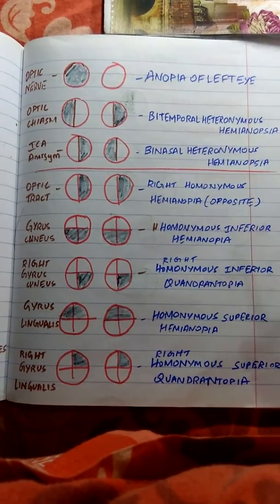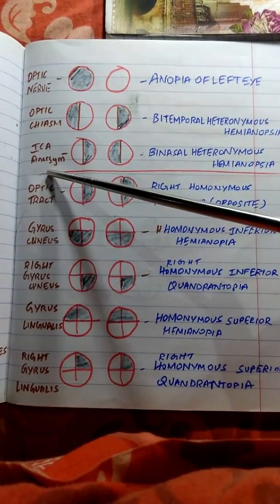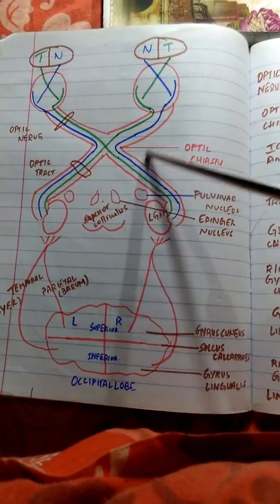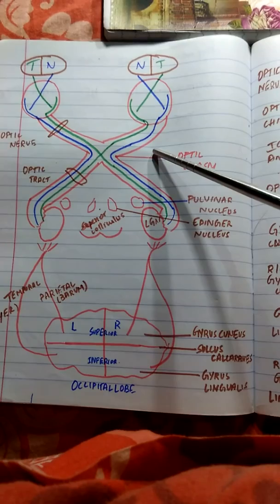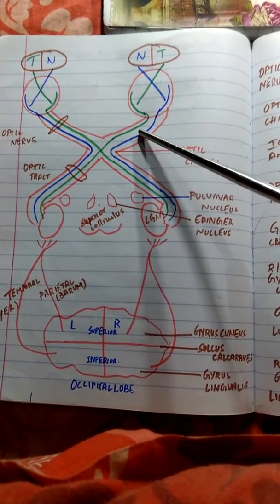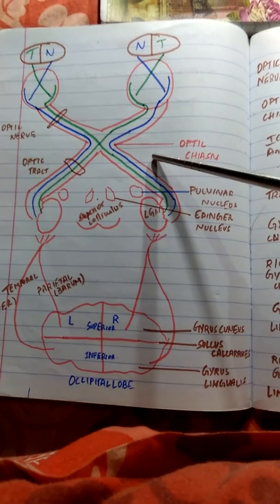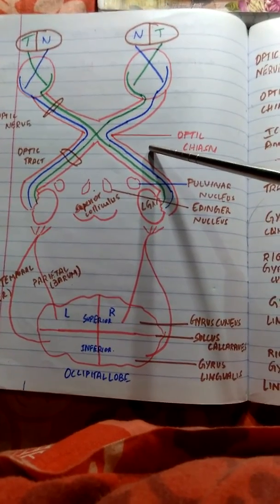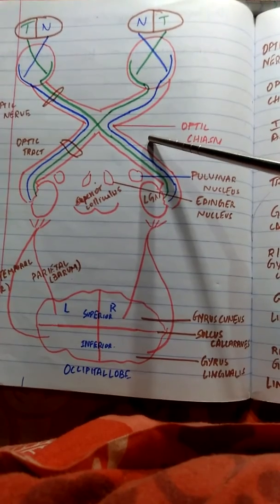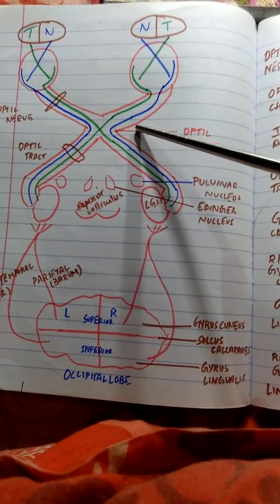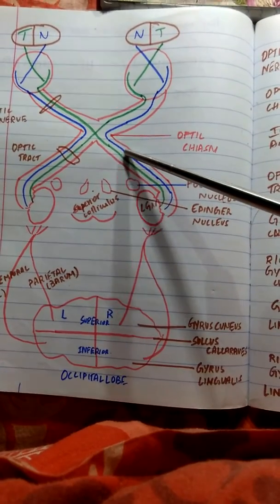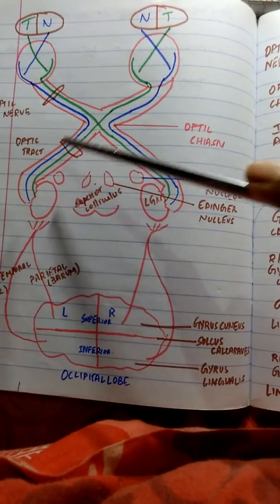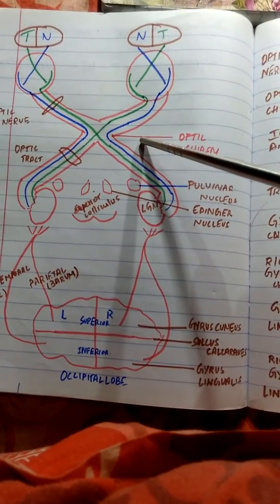Then the other one is over here, the internal carotid artery, which comes from the common carotid artery, and sometimes there may be aneurysm of the internal carotid artery. What happens is it causes compression of the temporal fibers. When the temporal fibers, both sides may be affected or only one side may be affected.